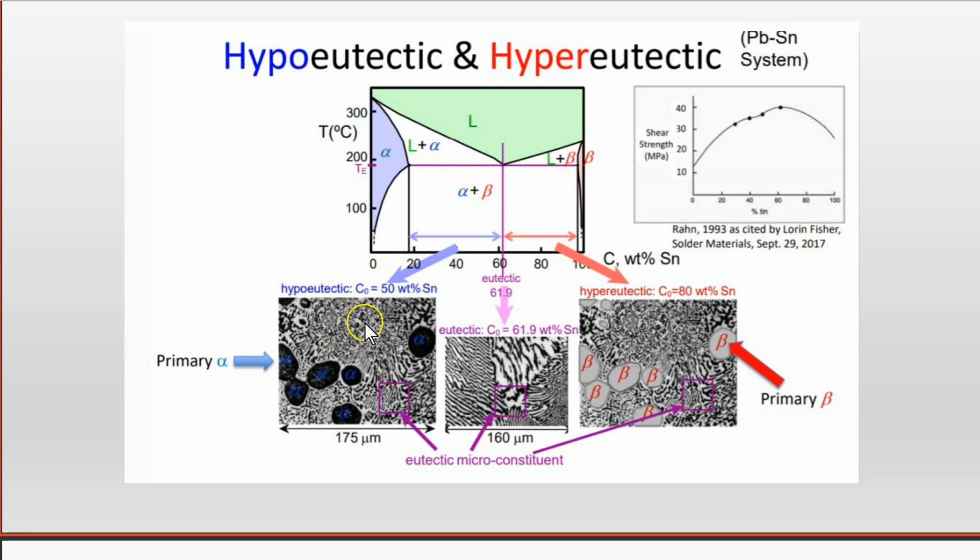Here we have the hypoeutectic composition: we have primary alpha in a matrix of eutectic. At the eutectic composition, all of it is eutectic. In a hypereutectic composition, the primary phase will be beta, and that will be in a eutectic matrix.